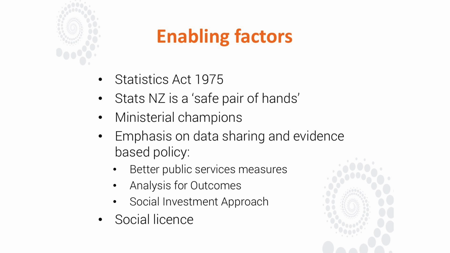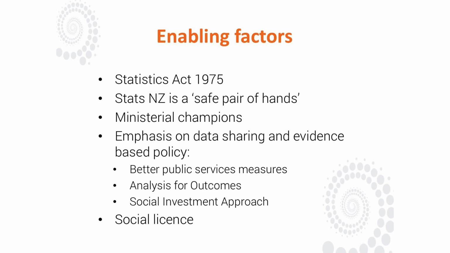And the first, although it's getting old and it is up for review, the Stats Act 1975 has been a good enabler, and it does provide really good guidance and outlines for how safe access to data and maintaining good processes there. And it meant, because we had the Stats Act, we already had a process in place for how access to unit record data was worked through.